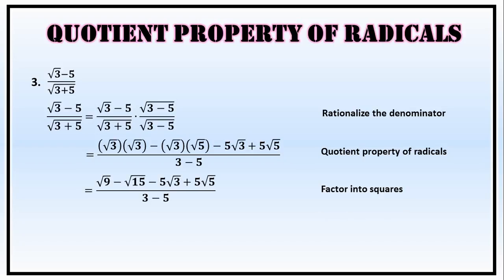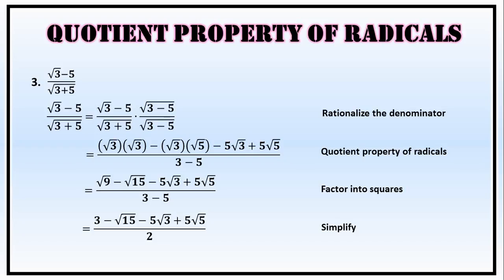Then factor it into squares. After that, simplify. So the result is equal to 3 minus square root of 15 minus 5 square root of 3 plus 5 square root of 5 all over 2. And that's it for the quotient property of radicals.